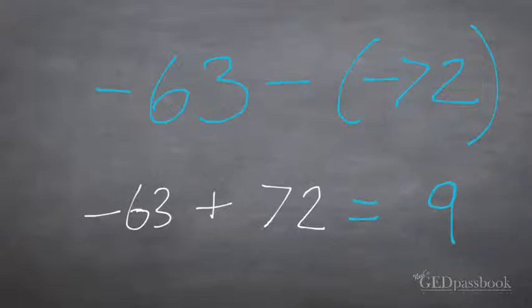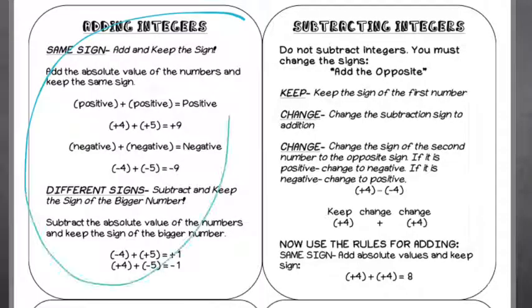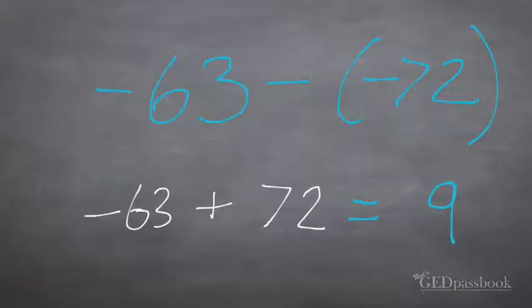So pretty much, what do you do with subtraction? You keep, change, change. We do that just because we want it as our addition problem, because that's when all of these rules come into play. Did that make sense? It's helpful with these big numbers.